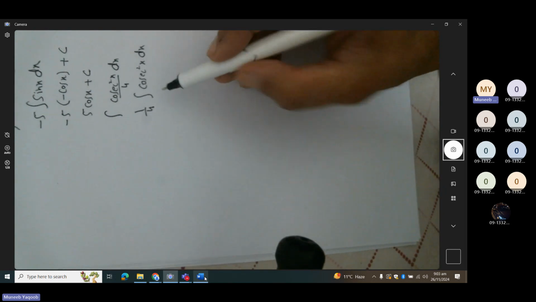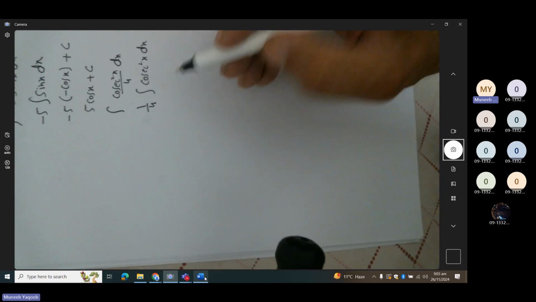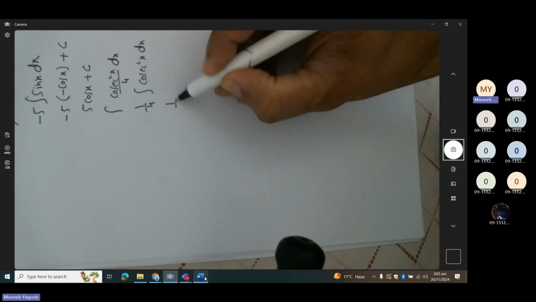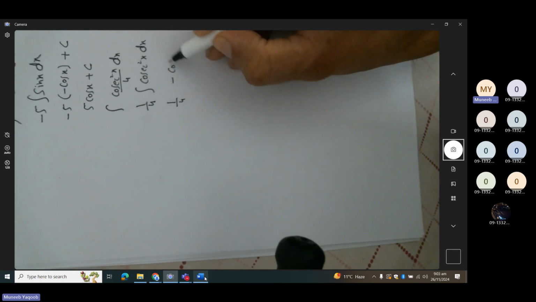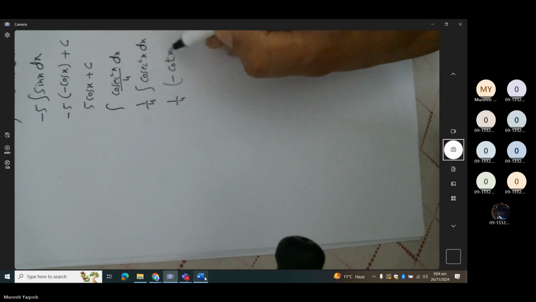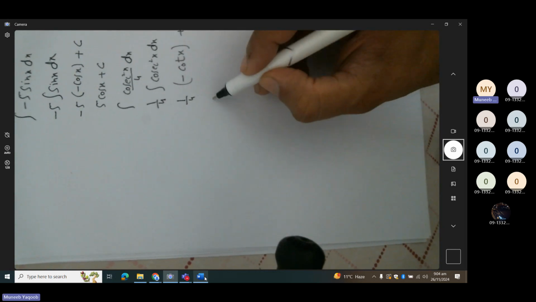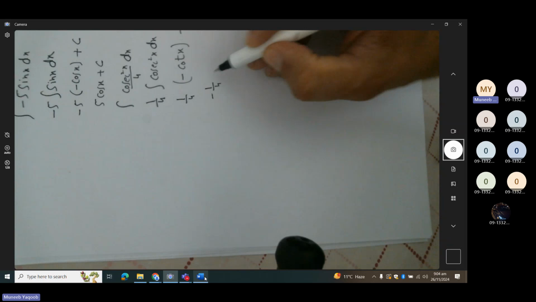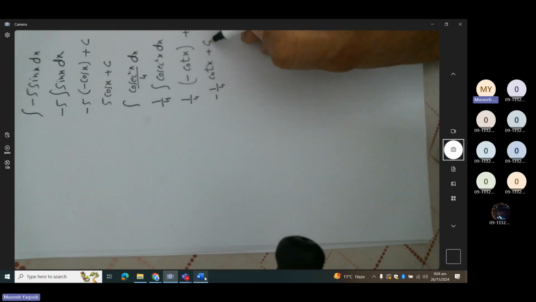So since the derivative of cot x is minus cosecant square x, therefore the integral of cosecant square x would be minus cot x plus c.